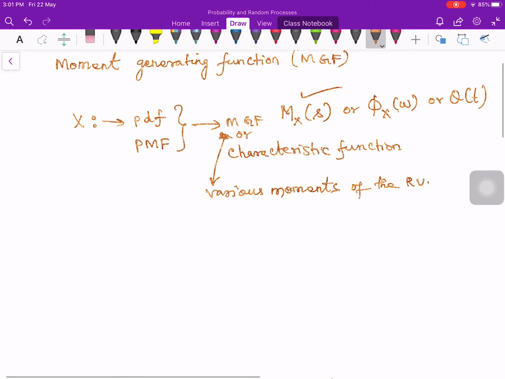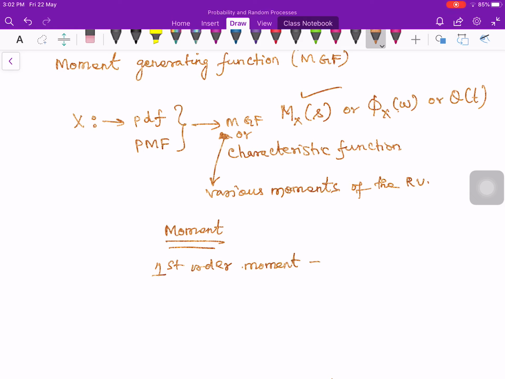So when I say moment, it is defined as follows. We have the first order moment, and it is denoted by mu sub 1.